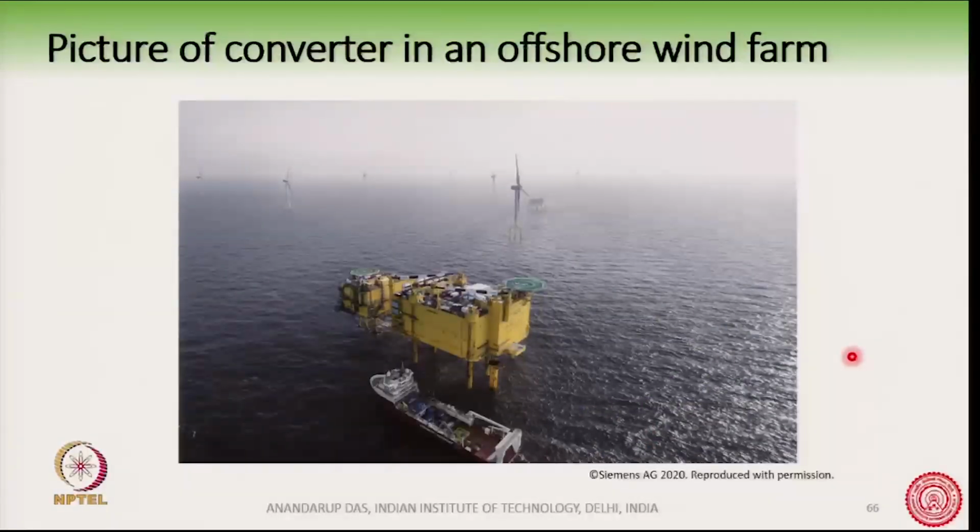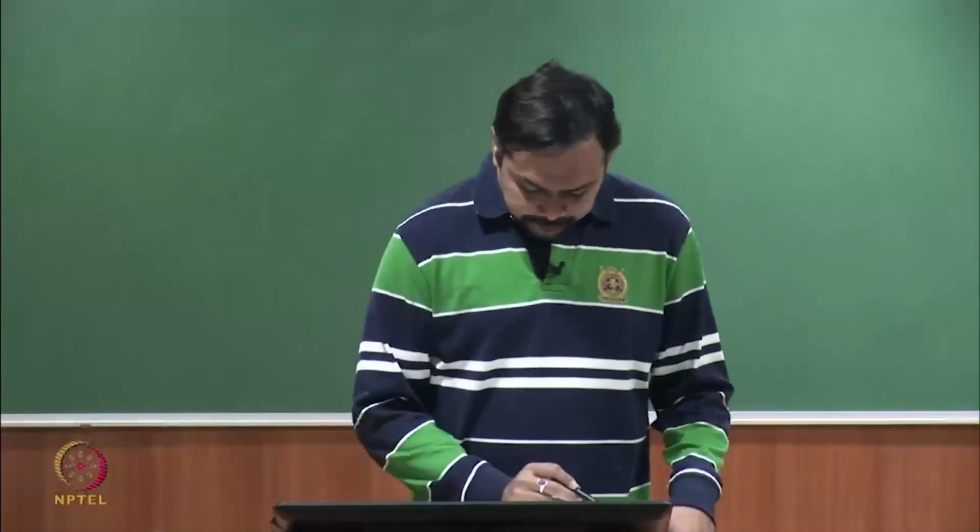So, when designers make converters which are going to operate in a very harsh environment, they have to pay particular attention to these practical problems which the converter faces in real life. Therefore, the fault tolerant feature of MMC, the reliability, high degree of availability, are very useful in this type of isolated and harsh environment. Okay. So, this is one picture of the whole converter.